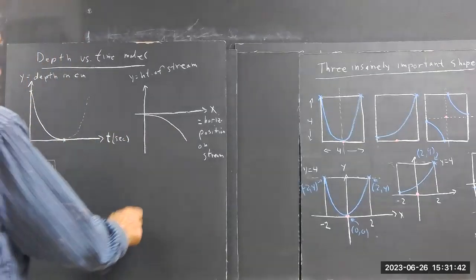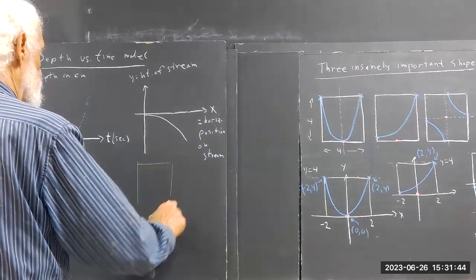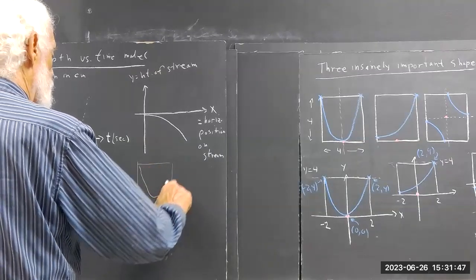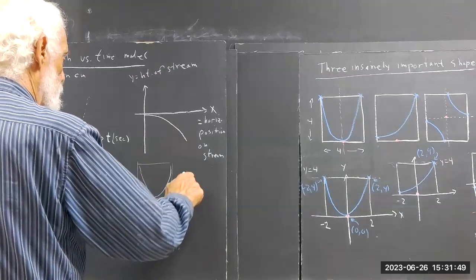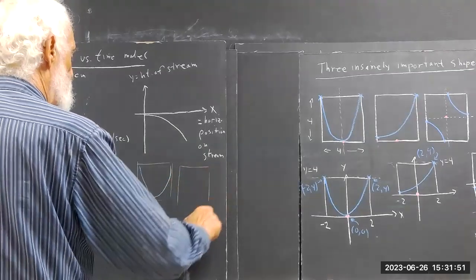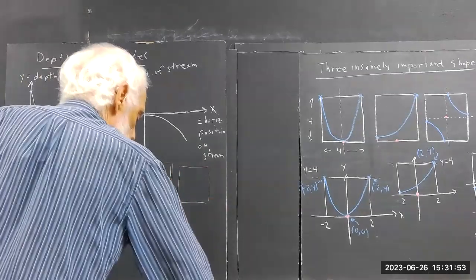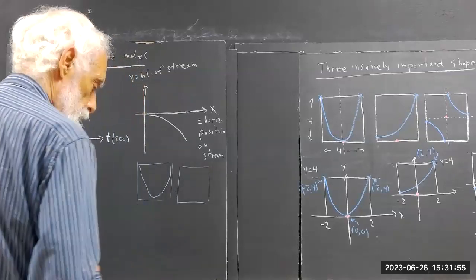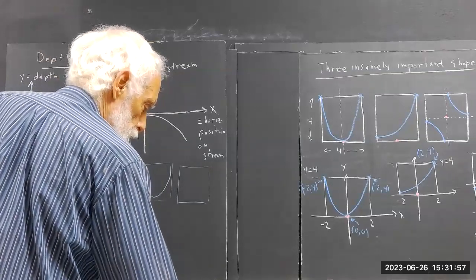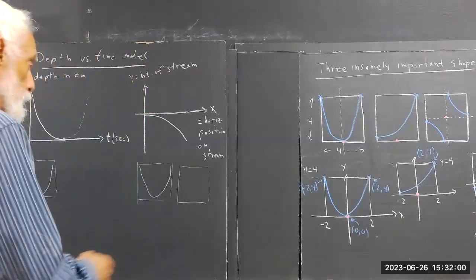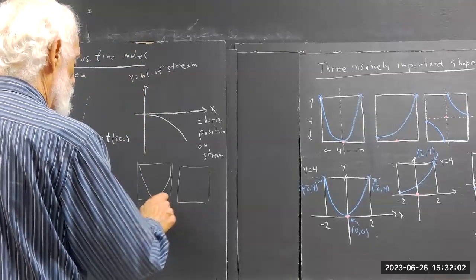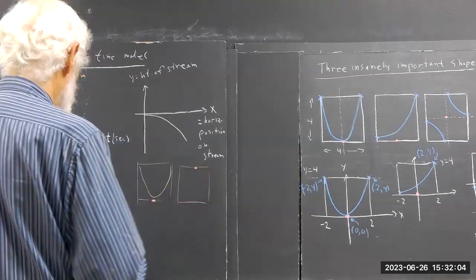Now to get this one, you would take your toolkit parabola and flip it upside down. We flip the thing upside down like so.